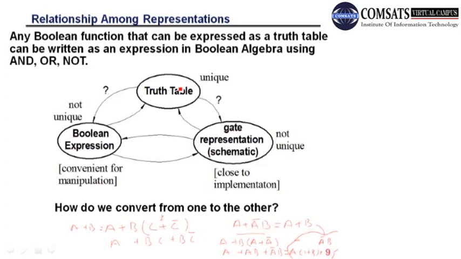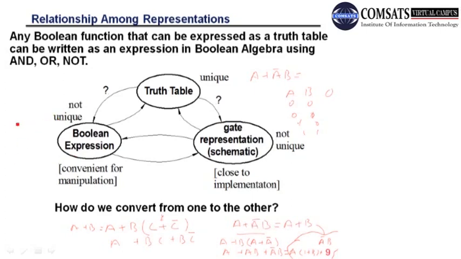If you talk about A plus A bar B, whenever we draw the truth table, we will have this same truth table 0 1 1 0 1 1, and this is the output. We will have the same unique truth table representation.